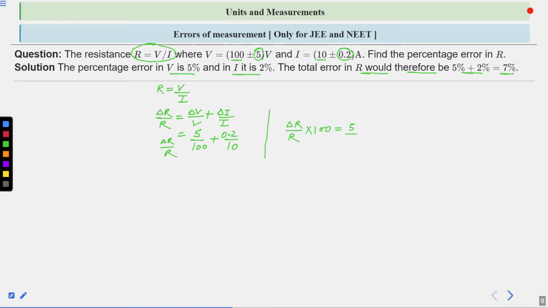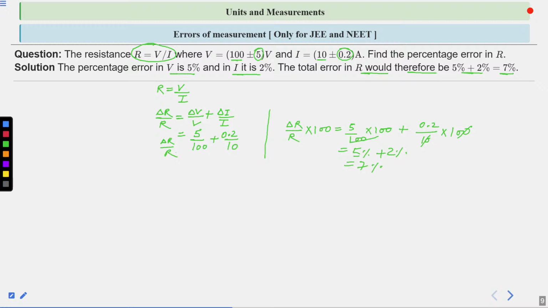So 5 divided by 100 into 100% plus 0.2 divided by 10 into 100%. Solving this, this becomes 5% plus, and the zeros cancel out, 2%. So 5 plus 2 equal to 7%.